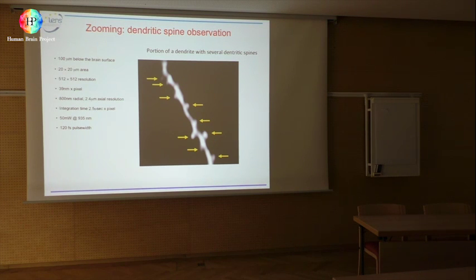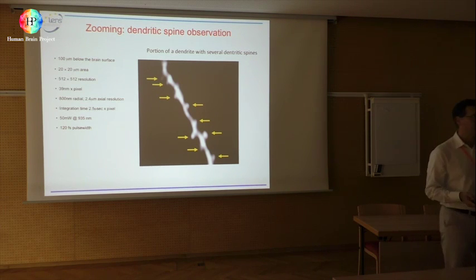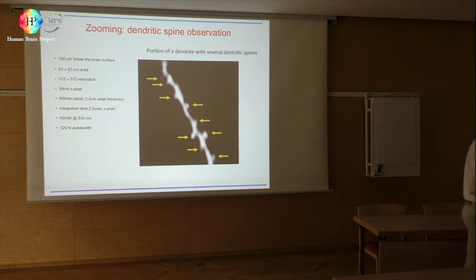But some measurements can be done also in vivo with the animal awake. Anyway, let me tell you that here, for example, you can go deep. You can go up to 500, 600, 700, so layer 5, layer 6, and visualize even single spines and visualize the dimension of the spines.